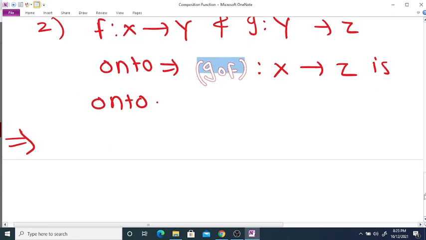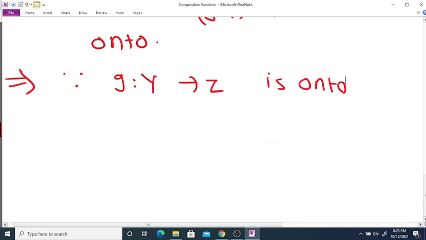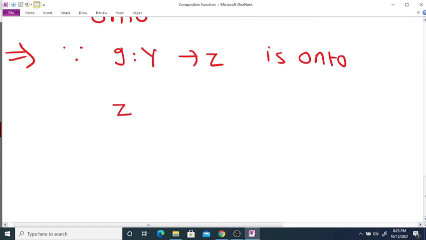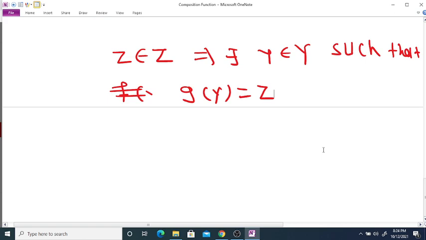Now since g is a function from Y to Z and is an onto function, for any z from set Z, there exists at least one y from set Y such that g of y is equal to z. Say this is equation number 1.